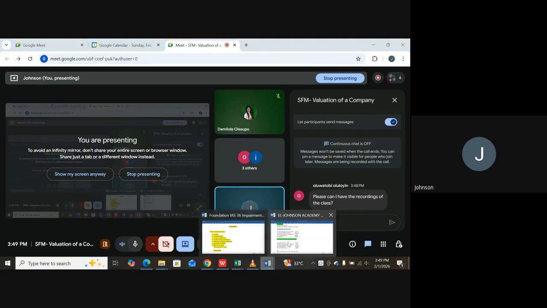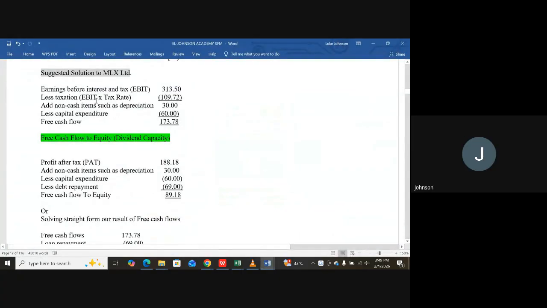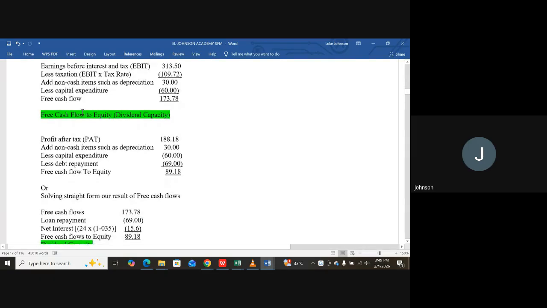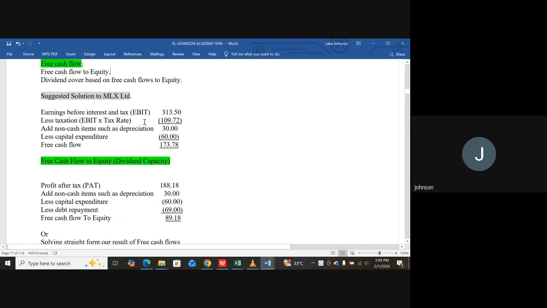So when you now come over here, you are trying to do free cash flows to equity alone. So you now say, okay, start with your earnings before interest and tax. You pick it. When you pick your earnings before interest and tax, the next thing is that you now less your interest, which is you are settling the debt holders first. Then after that, you also less your tax. So what you'll be having is profit after tax.